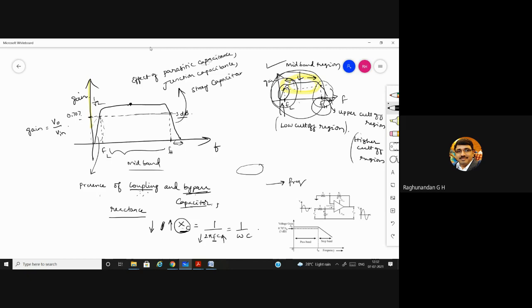Because of the reactance of all these capacitances, the gain starts decreasing, because in this frequency range these capacitances offer higher reactance. At the lower frequency range, we had coupling and bypass capacitors, which we can see, because these are external components which we have connected, because of which they are going to offer some reactance.